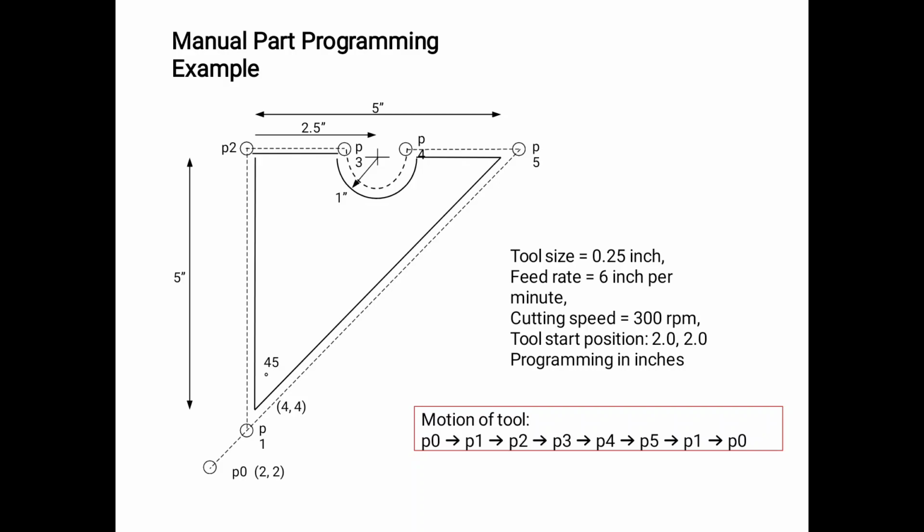The tool will move along this path. Our tool size is 0.25 inch diameter, the feed rate is 6 inches per minute, the cutting speed selected is 300 rpm, and the tool start position is 2.0, 2.0. The programming is in inches.